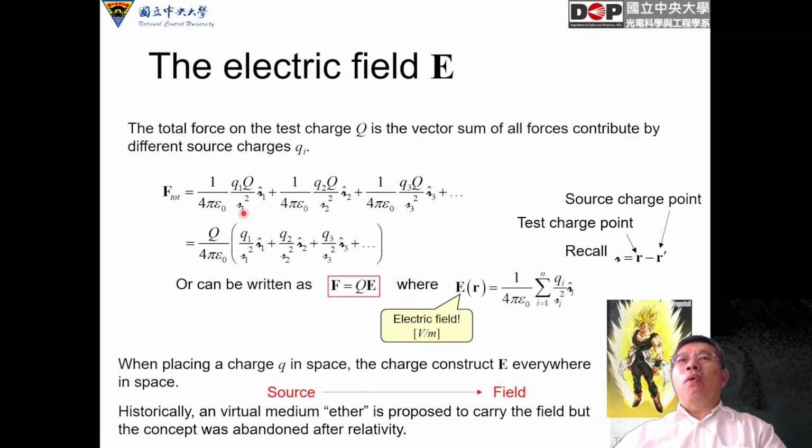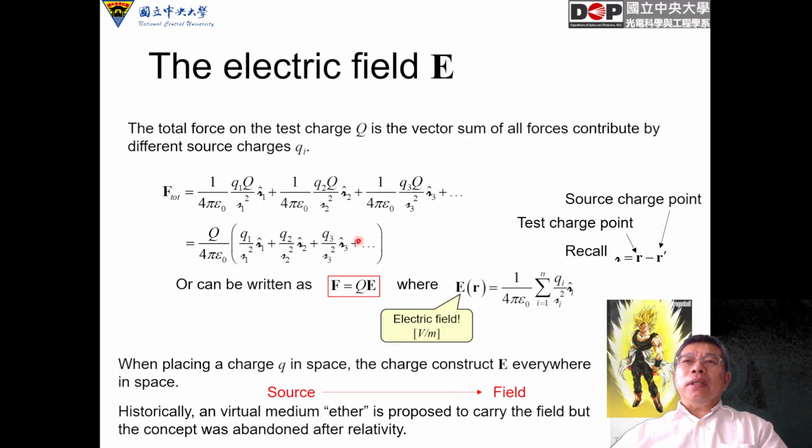The first charge has a funny R with subscript 1, which indicates the vector from the first charge to the test charge, and this is the distance. The same goes for the second charge, its distance to the test charge, and the third one to the ith charge. Because the constant and the test charge are identical, we write things down like this.